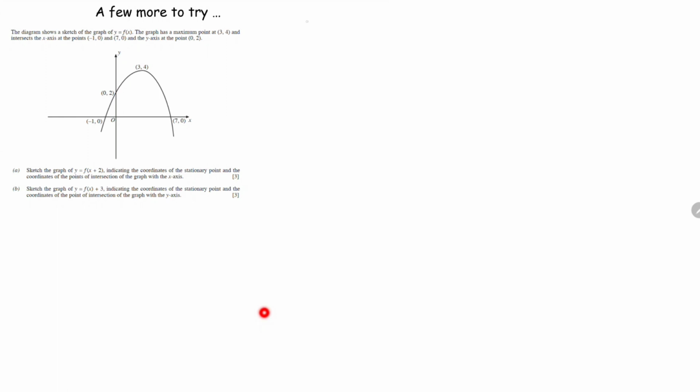So, next question. We've got part A, which is y equals f of x plus 2. That's going to be a translation in the x direction of minus 2, 0. So let's find our coordinates.